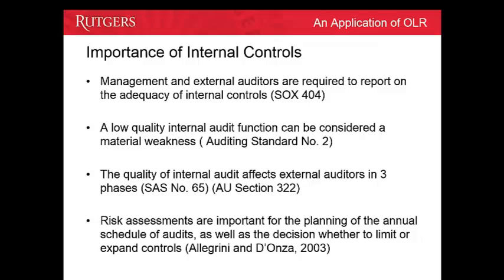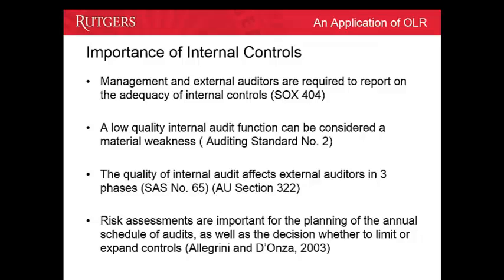SAS number 65 explains that the quality of internal audit affects external auditors in 3 phases: during risk assessment, during understanding, documenting, and testing internal controls, and during substantive testing.